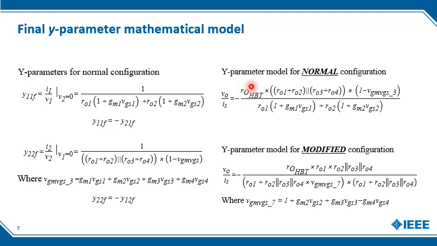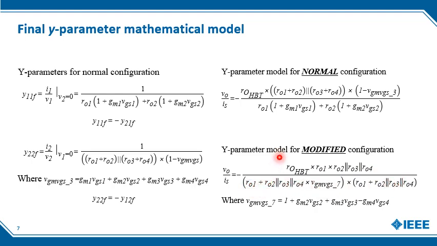But the classic Y parameter derivation is the admittance of the input side or the source, which sits below the line. So the admittance is the inverse of the resistance, which is given here. For the modified configuration, we found that this is the model, which is again a very nice model to use.